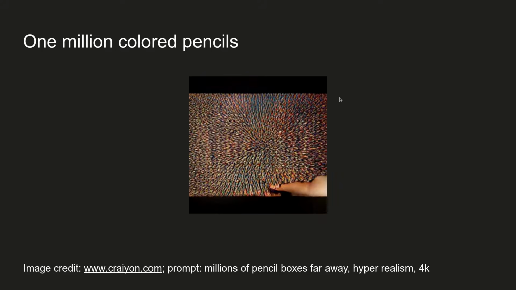What about 1 million colored pencils? What does that look like in these different numbering systems that we've just introduced? In Roman numerals, it actually looks like a capital M with a bar over the top. In tally marks, it's hard to actually write that because it's, well, a million tally marks.